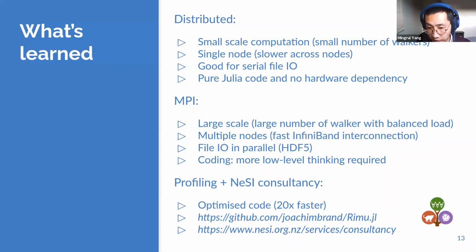Also, there are other factors involved in the optimization: we learned more new features of Julia, and we have written better code as well. If you're interested and want to check out the code, it's called remote.jl, available as open source on GitHub. If you want to learn more about the consultancy project, you can check out the link here.